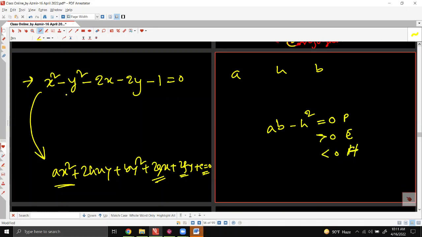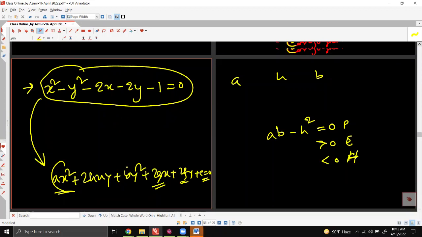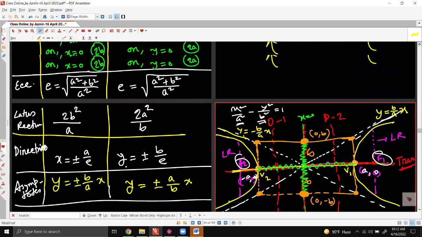So the equation that is given is in the general form. It is not in standard form. To convert this to standard form, we have to apply the completing the square technique. But this time I am not going to solve this one. This is similar to the previous problems.